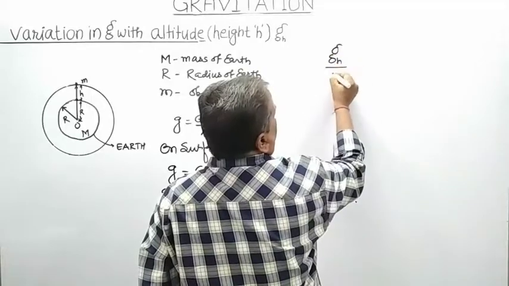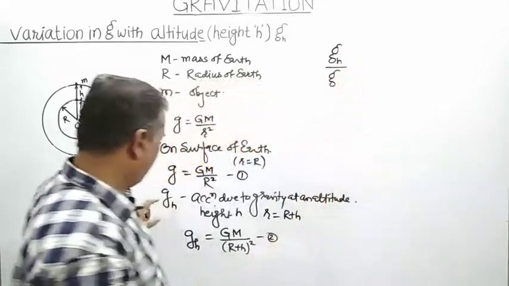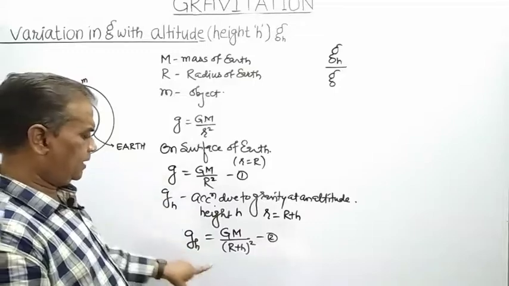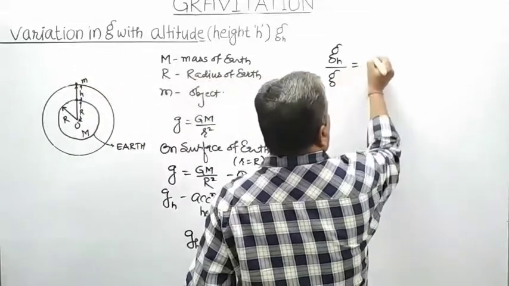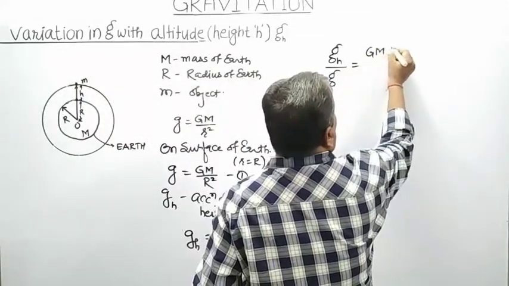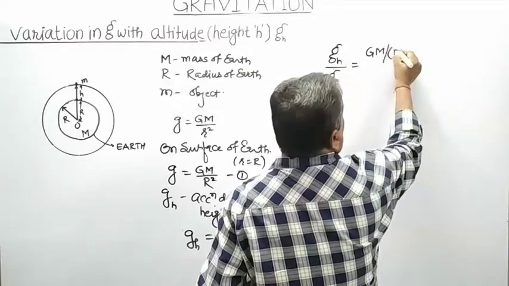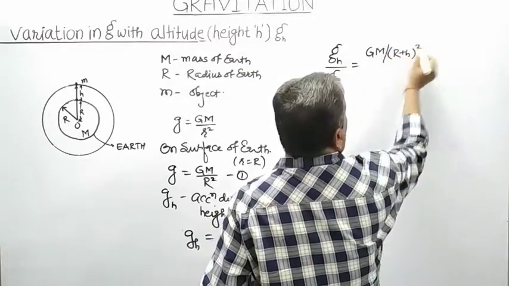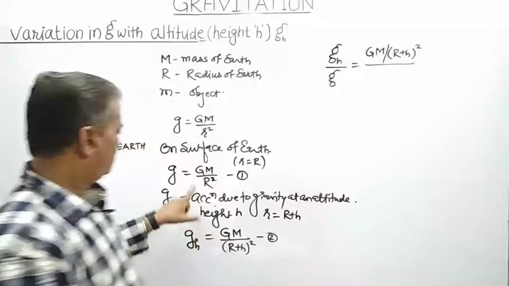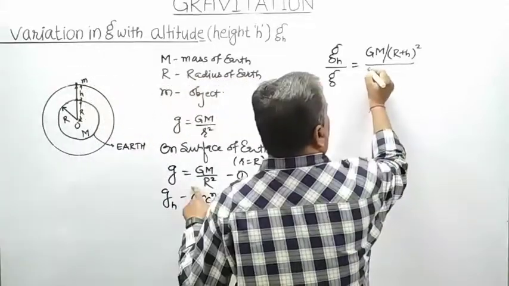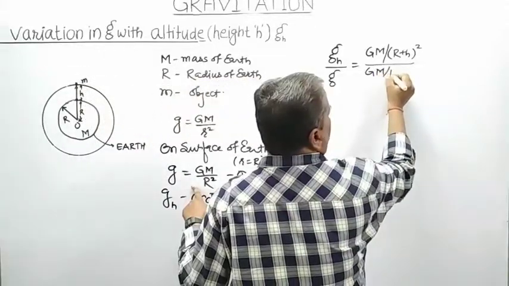g_h divided by g equals GM divided by (R plus h) whole square, upon g, which is GM divided by R square.